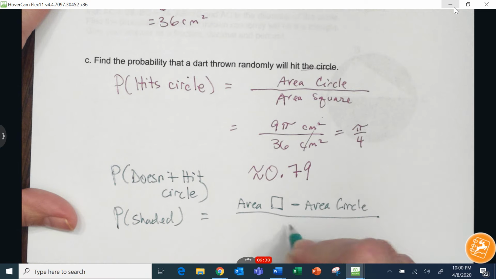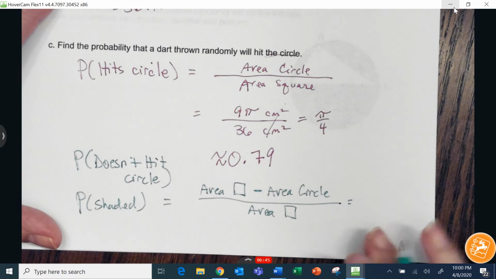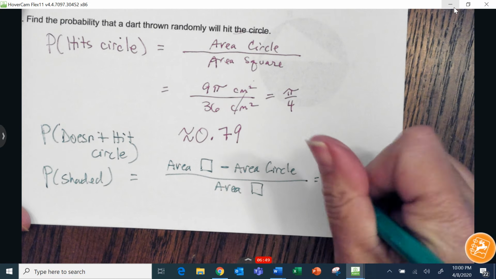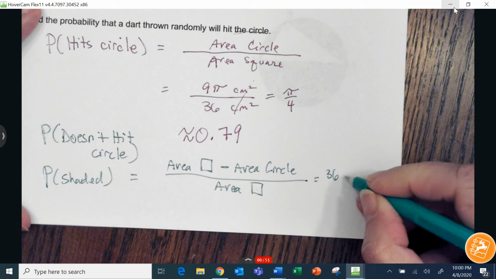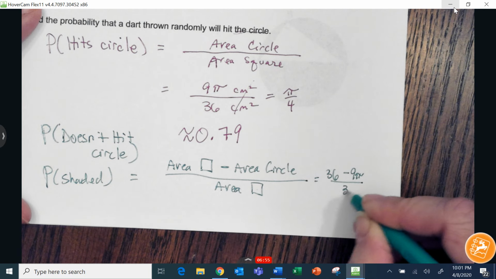And we still divide it by the area of the square. So the area of the square was 36, and we subtract the area of the circle, 9 pi, and we divide that by 36.